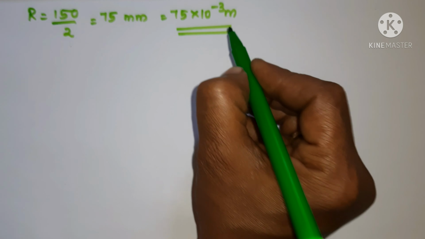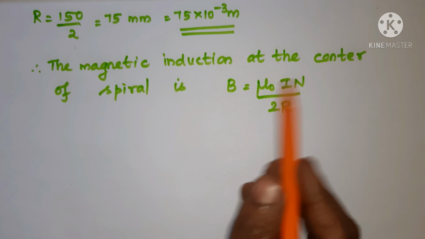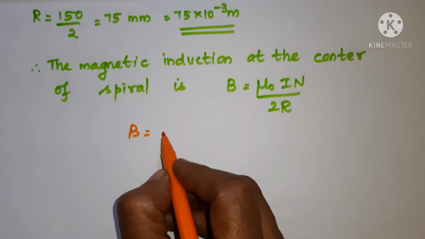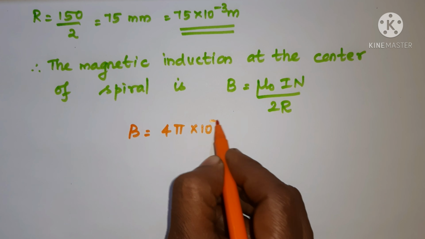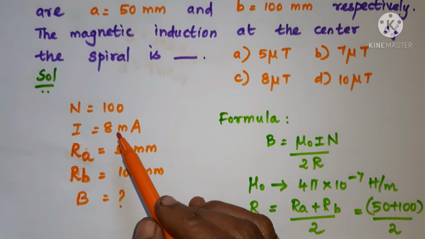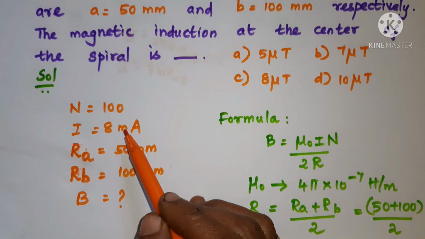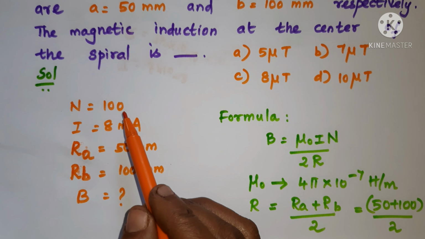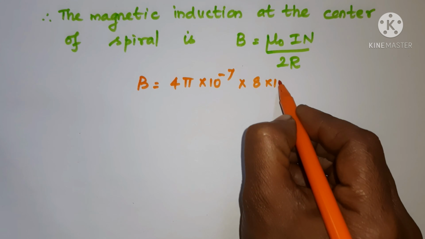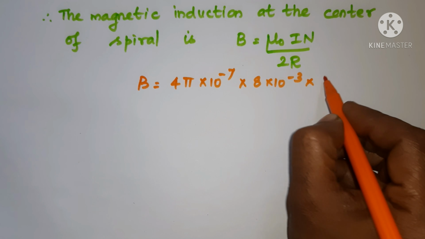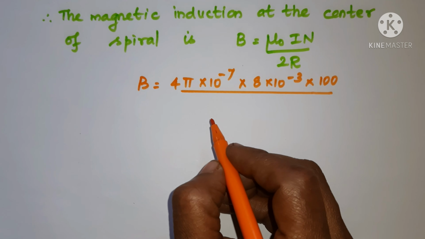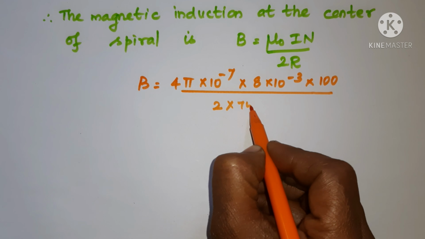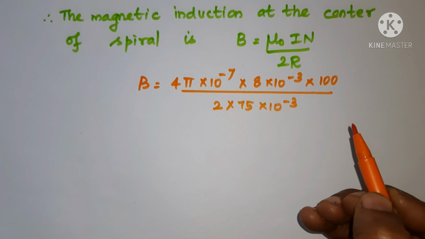This is the radius. Therefore, the magnetic induction at the center of the spiral is B equals, we substitute the known values: mu naught is 4 pi into 10 power of minus 7, I value is 8 milliampere, milli we write as 10 power of minus 3 ampere, and N value is 100, into 8 into 10 power of minus 3 and N value to be 100 divided by 2 into 75 into 10 power of minus 3.